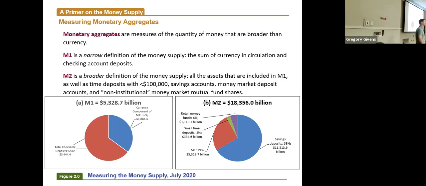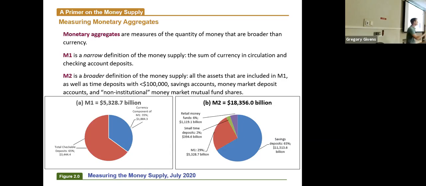Those are retail level money market mutual funds, as opposed to funds that are held by institutions like insurance companies or other corporations, right? Or maybe some government institution. So retail level money market mutual funds, or non-institutional, are part of the M2 money supply.